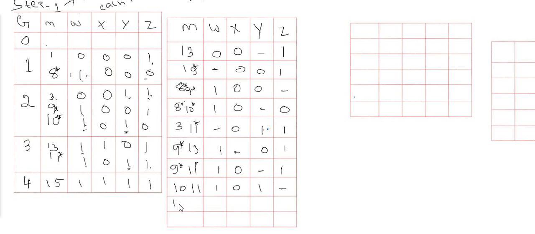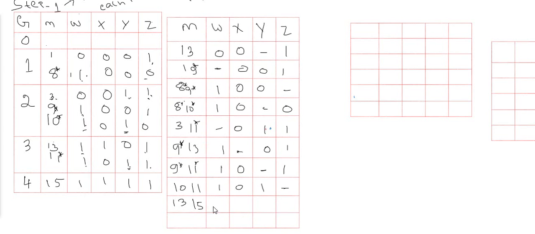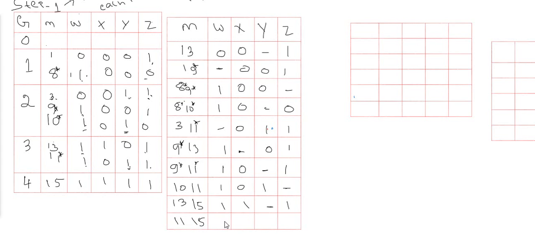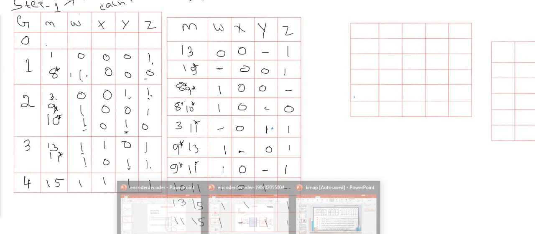So directly go with that, it is not necessary to compare. So 13 and 15 is possible, and the 0 is present on the Y side, so that is different in this portion. Similarly, you can go with 11 and 15. In 11 the 0 is present at the X position, so that portion is a dash and the others are filled with 1.